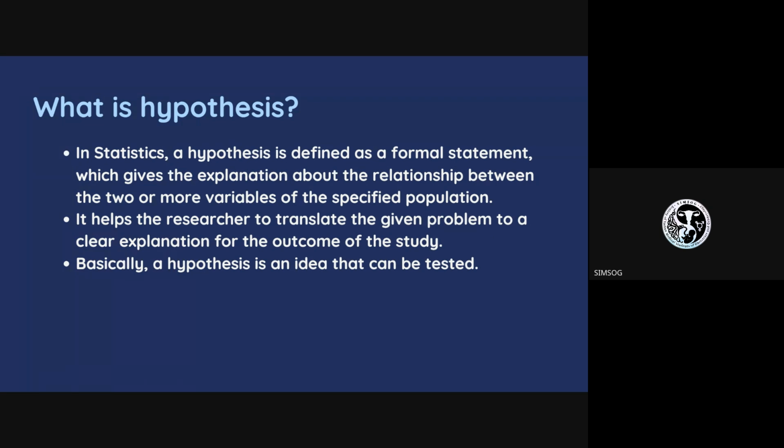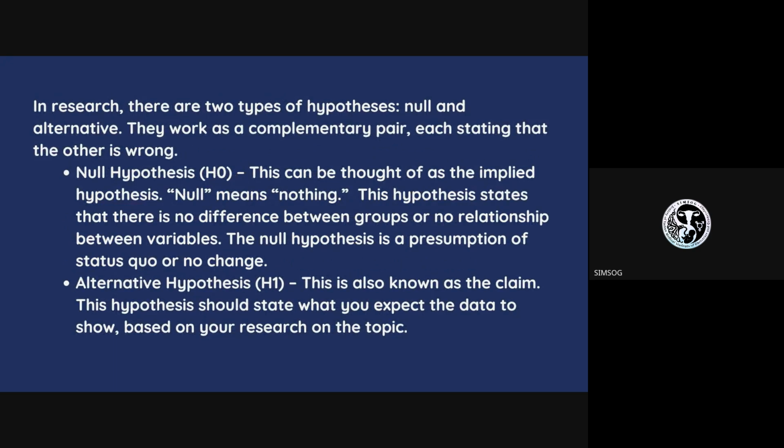However, the one catch here is that possibilities exist on two ends of the spectrum as well, right? If there is a positive, there has to be a negative. If there's a plus, there has to be a minus. Similarly, when it comes to hypotheses, there are two types we consider, which work as a complementary pair, each stating that the other is wrong. Basically, imagine two arch enemies, or two strong opponents who are trying to make the other false.